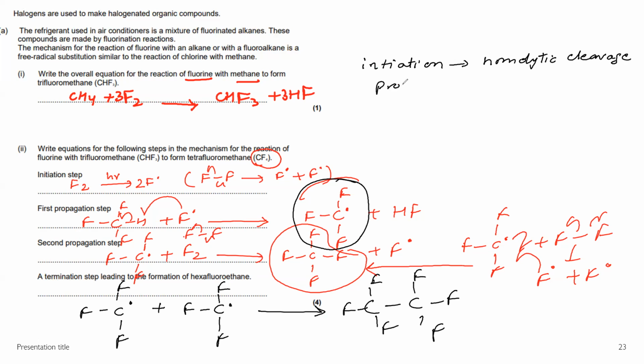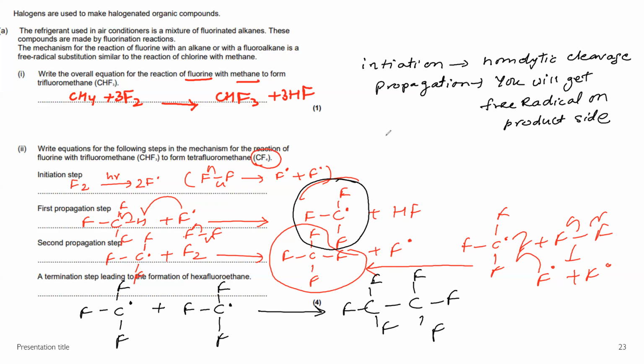Propagation means you will get free radicals on the product side. And termination means no radical. All radicals consumed. Okay, I hope this is clear.